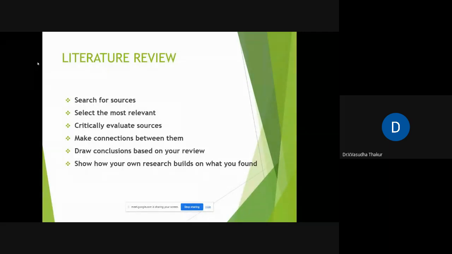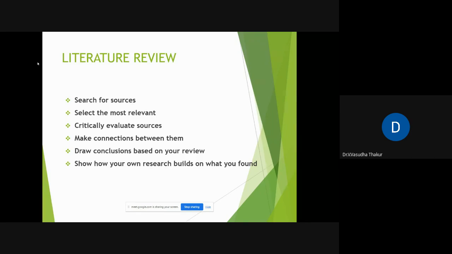All these reviews that you are doing, you have to present one by one in a proper order, like date wise. Ensure that whatever literature reviews you are collecting are from proper sources.